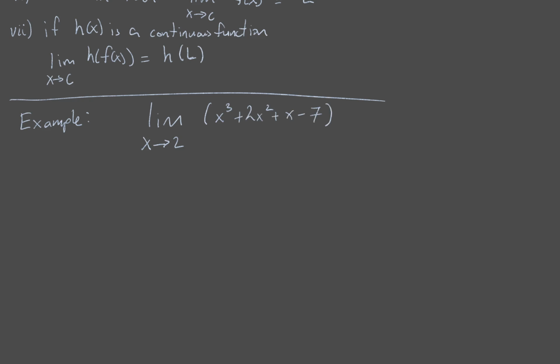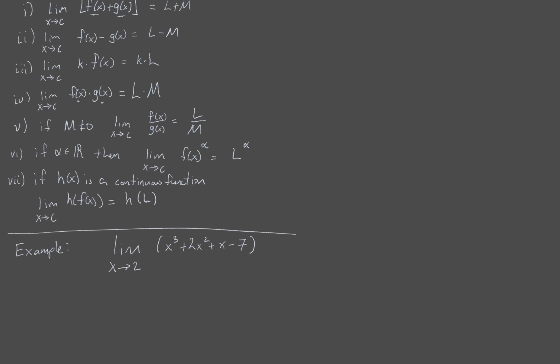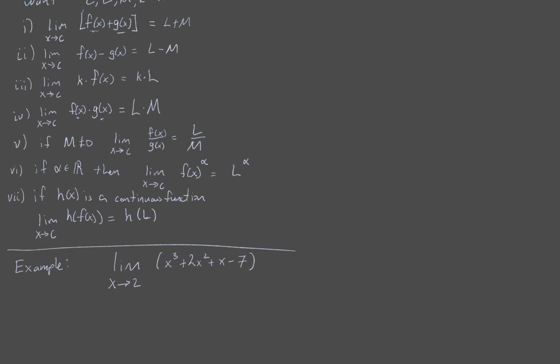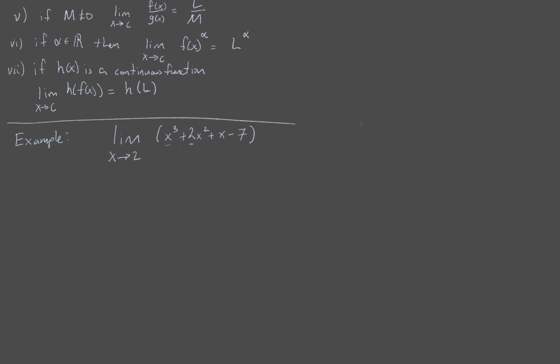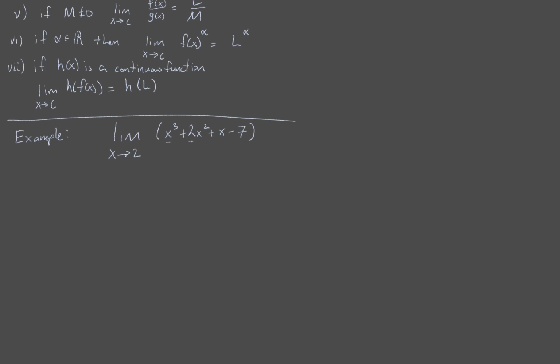Okay, if I look through my rules here, I've got addition in this function, I've got subtraction, I've got constant multiple stuff, right? I've got power stuff. So one of the easiest things to do is we can take the limit of x as x goes to 2.